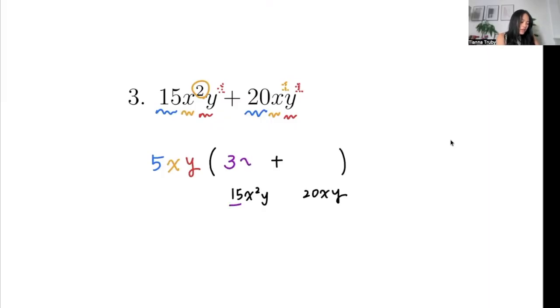X times X would give us our X squared. And we already have a Y here and a Y here. So there's nothing else that we need to add. Let's move on to our next term. So we have 5 times 4 would give us our 20. We have an X already, and we also have a Y already. So we know that we're done. And this would be our final answer here.